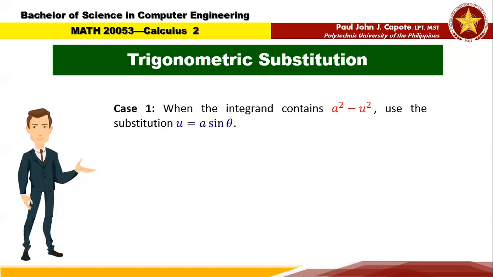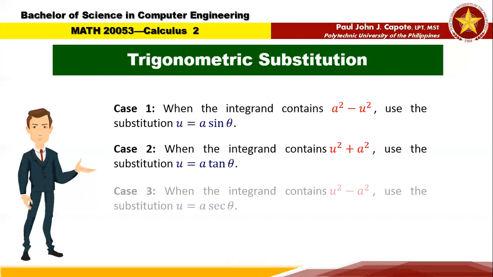Now, there are three cases wherein we can use trigonometric substitution to evaluate integrals involving algebraic expressions. Case number one: when the integrand contains the expression a squared minus u squared, we can use the substitution u equals a times sine theta.